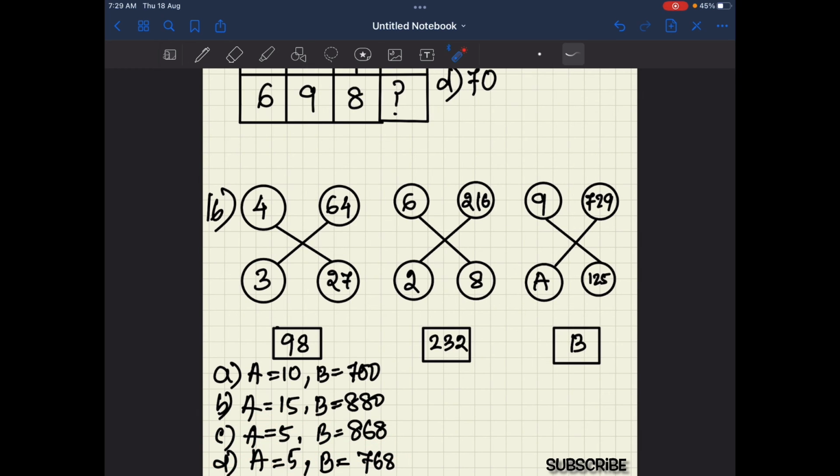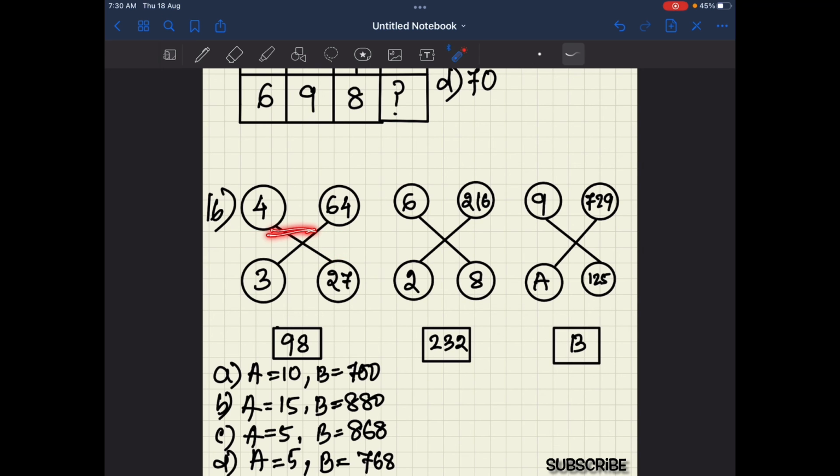If we watch it more carefully again, now we have to find out what is 98, what is 232, and what is B. Or we have to figure out how 232 is coming, how 98 is coming. So if we multiply, it is becoming too big a number. It is crossing above 98, so it won't be multiplication.